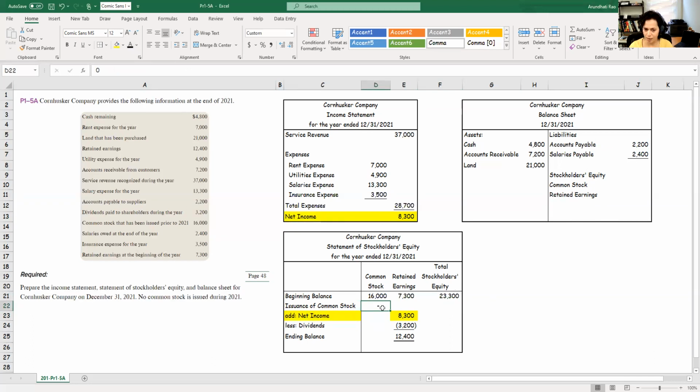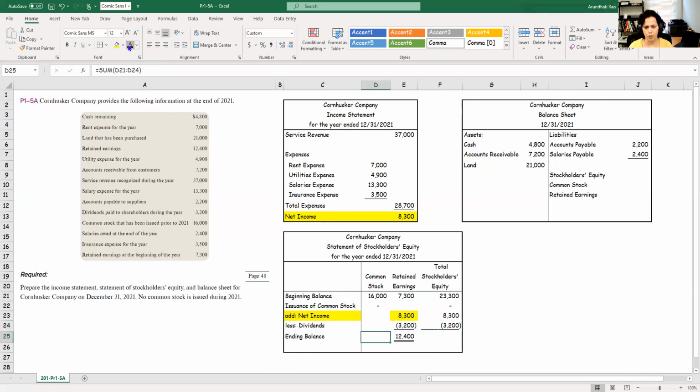I'm just putting a zero over there to indicate nothing was issued during the current year. And I can go ahead and put a zero over here. Net income, the total is obviously 8,300. Dividends is 3,200 that was paid out. Common stock, now I'm doing the total vertically.